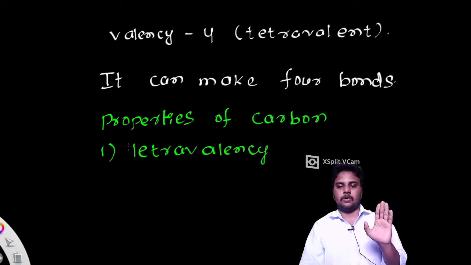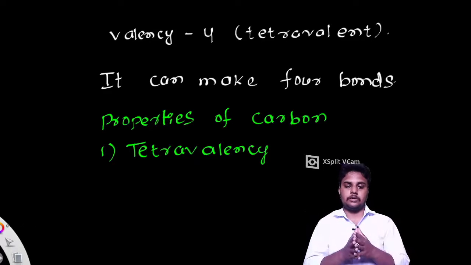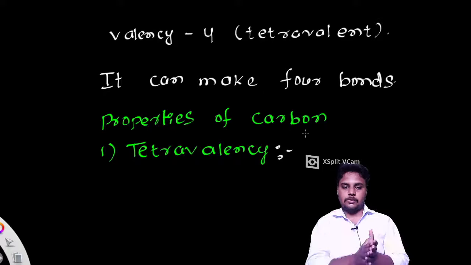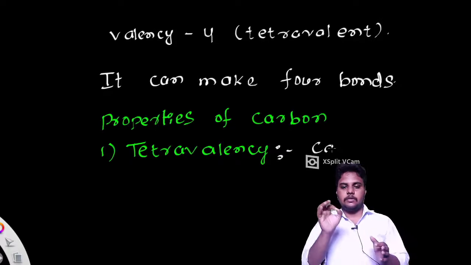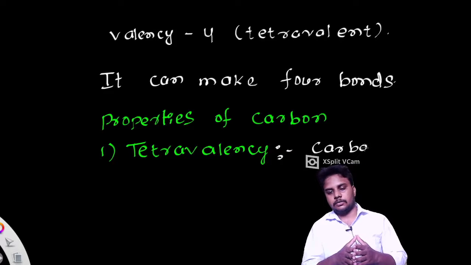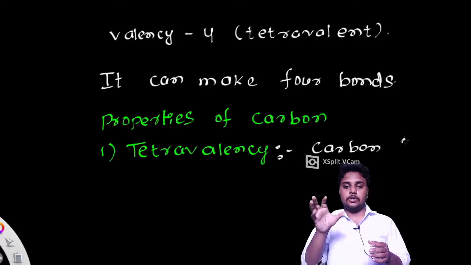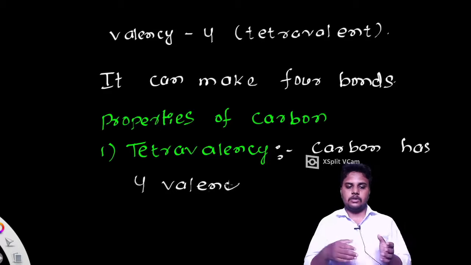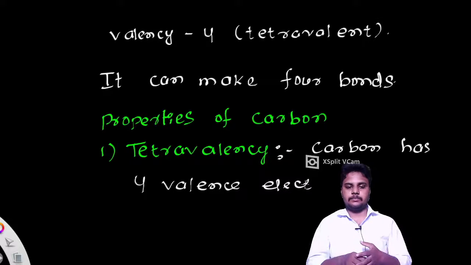In the second shell, or outermost shell, how many electrons do you have? 4 electrons. Carbon has 4 valence electrons. If the outermost or valence electrons are 4, then it is called tetravalent.